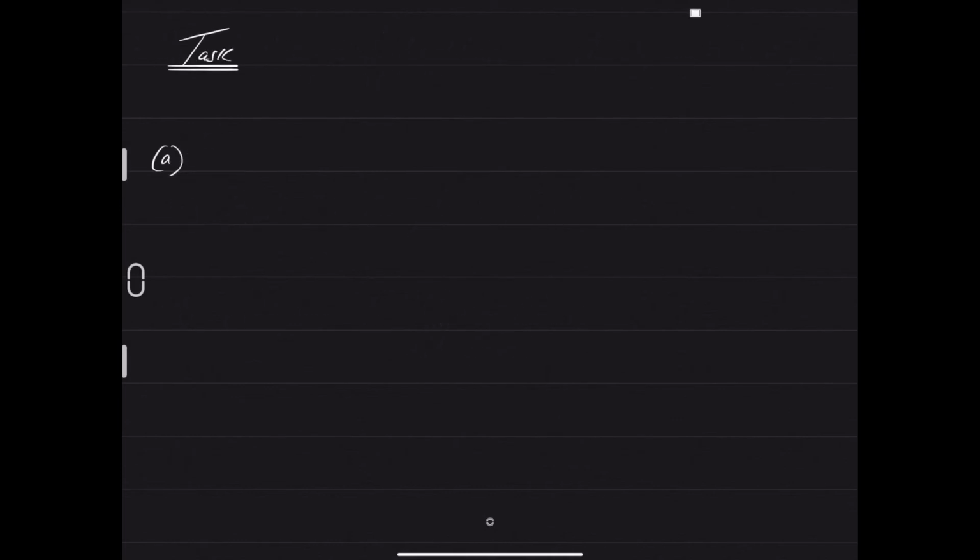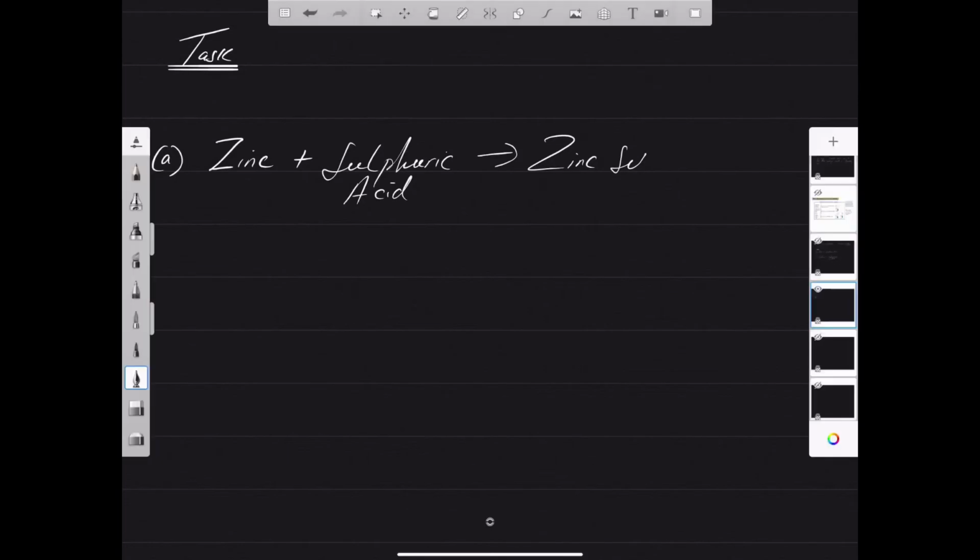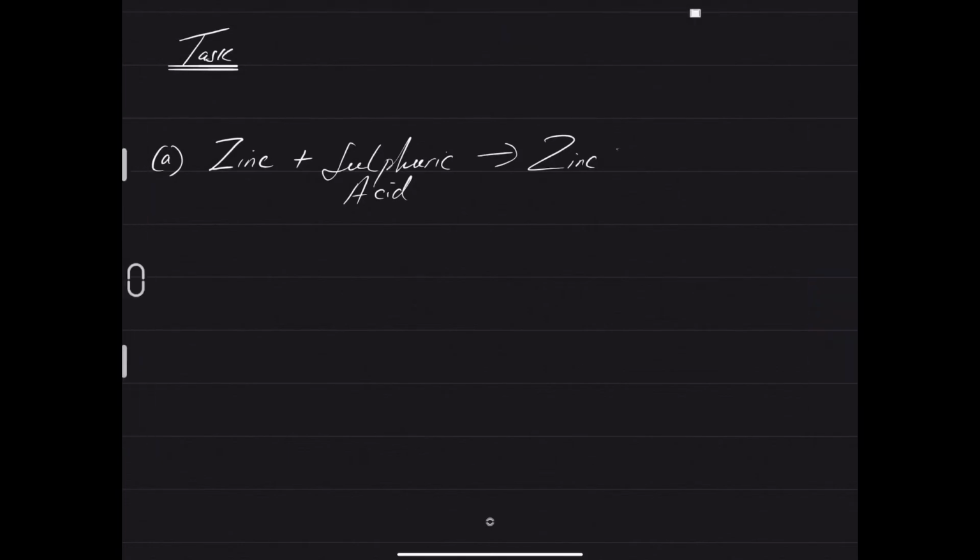First question, where we have zinc plus sulfuric acid, you should have this word equation. Zinc plus sulfuric acid gives zinc sulfate plus hydrogen.